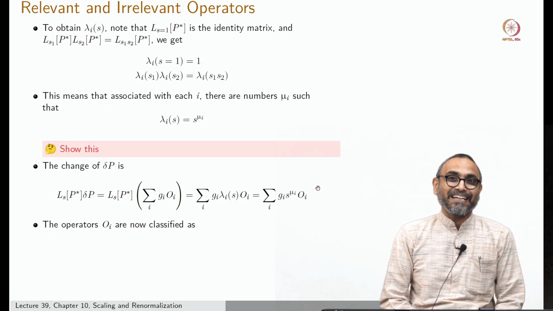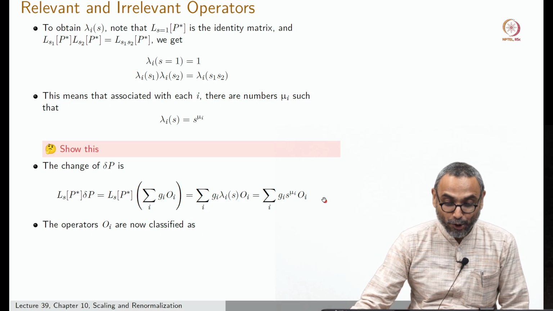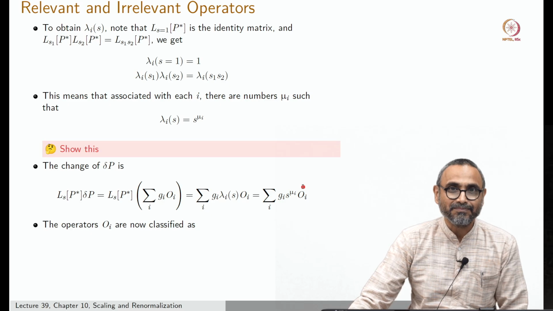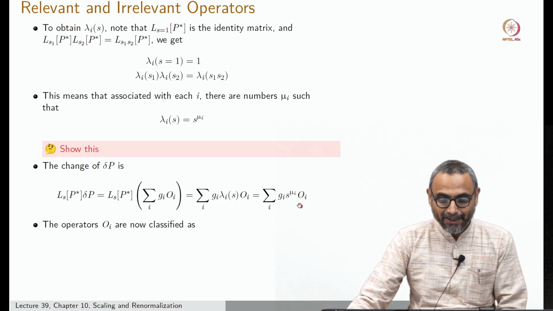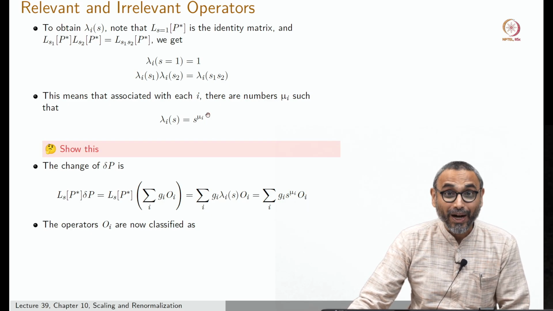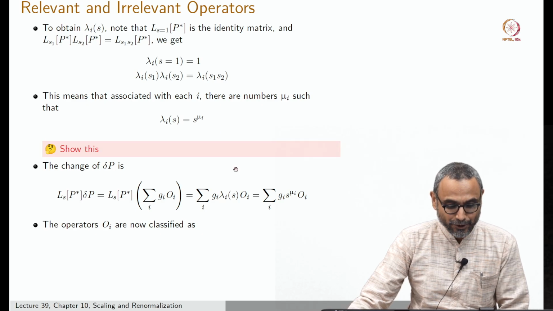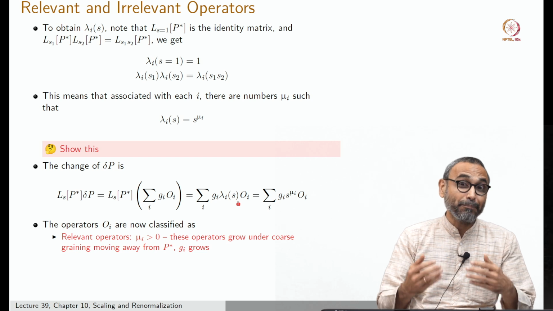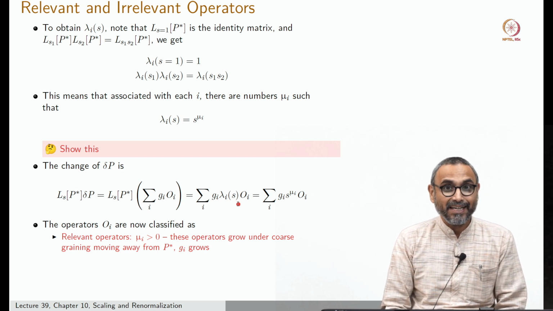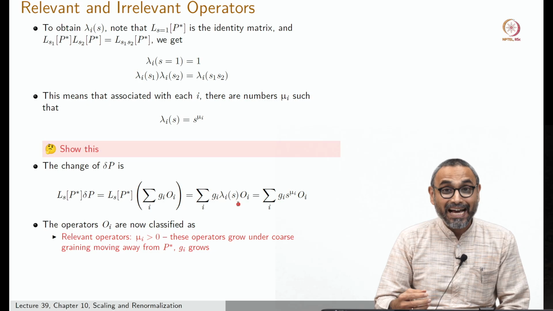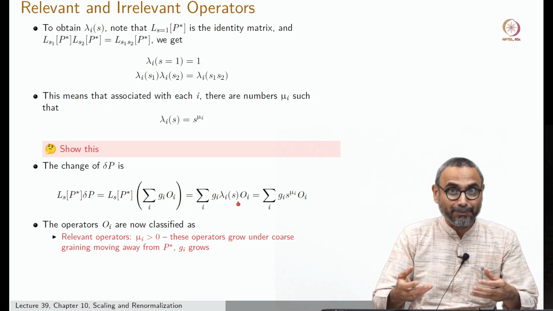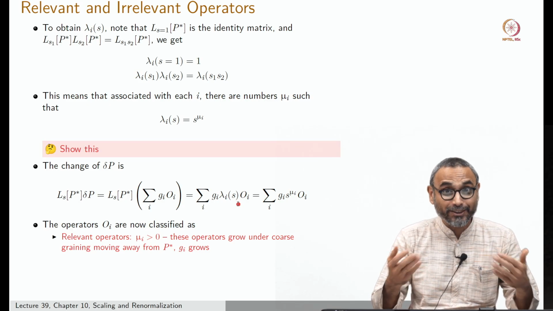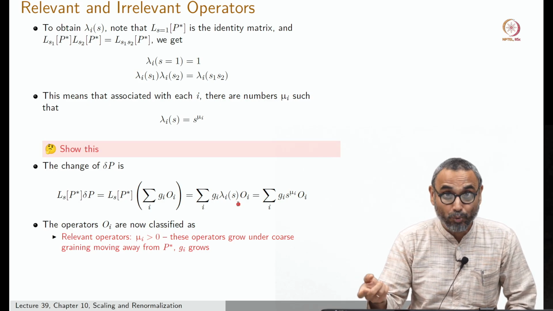Now you see, we can classify these eigen-operators into three types, depending on the value of mu I. So first is that mu I can be positive. Under a coarse graining transformation, S is greater than 1.